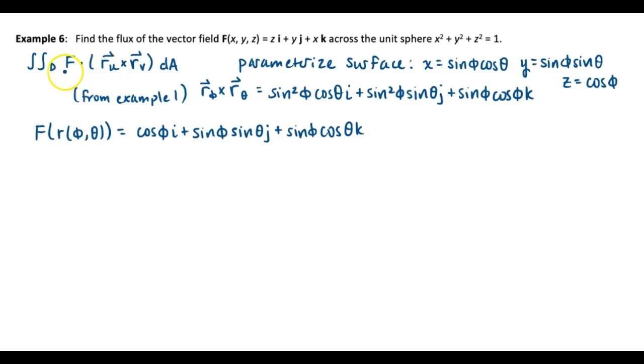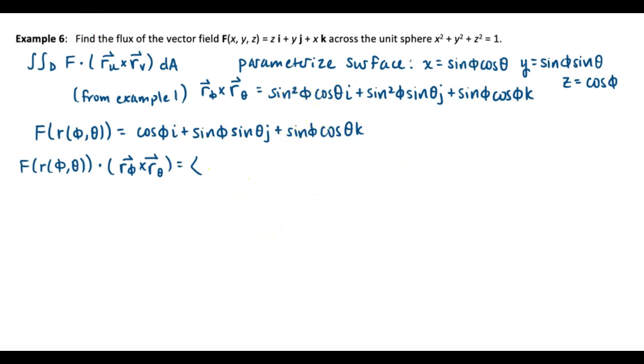Next, I'm going to take that dot product. So I'm going to simplify all of this before creating this integral. So when I take this dot product of f of r of phi and theta and the cross product that we just found, well, all I'm doing, and this would be kind of a pain to write out, so I'm not even going to write this all out.